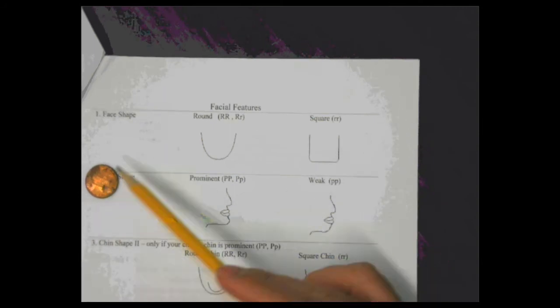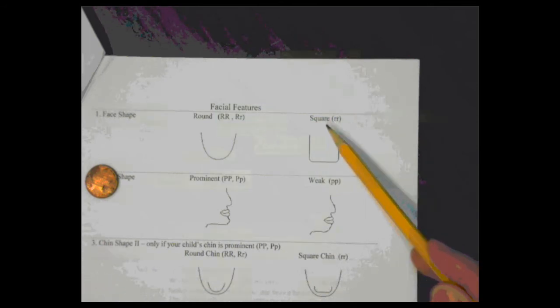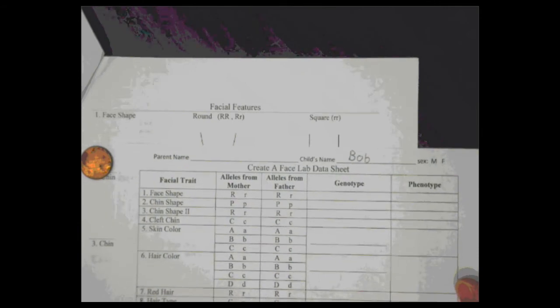So here we go. I'm going to spin the first one, representing the mothers. Tails. That represents the recessive trait. So for the mother, I'm going to put a lowercase r. On the Create a Face Lab data sheet, find the part that talks about the mother's alleles.